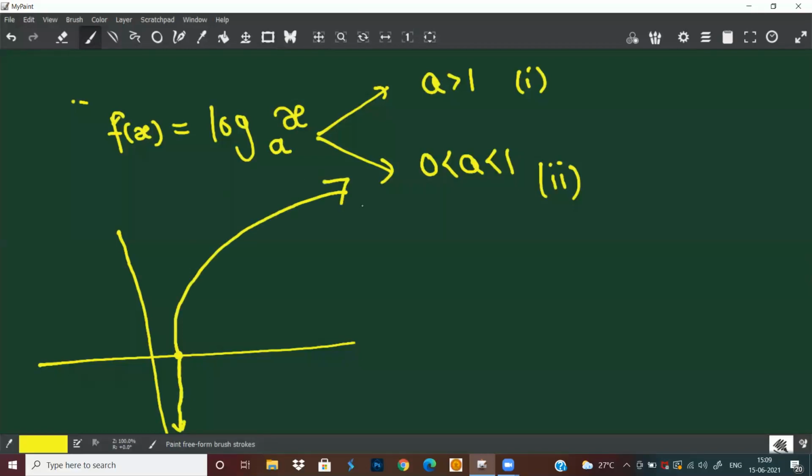This is the graph of the first case, f of x is log of x to the base a, where a is greater than 1. It goes parallel to the y-axis but never meets it. To be precise, the extent of this graph is either in the first quadrant or in the fourth quadrant. This is what you're supposed to know.